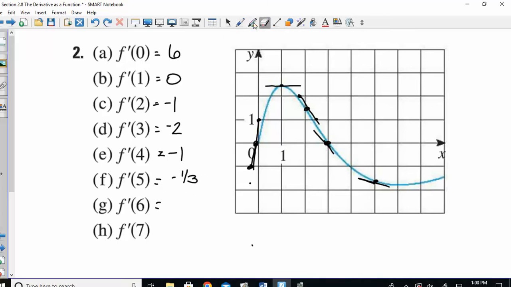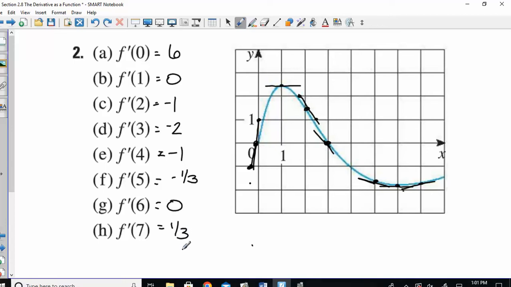What about at 6? That one should be a 0. And at 7, this one's increasing. About +1/3 roughly? Yeah.